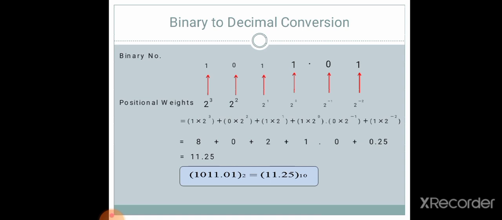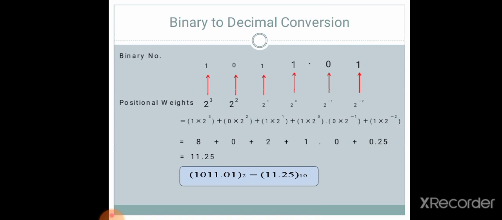So 2 raised to 3 is 8, then 2 raised to 2 multiplied by 0, the answer is 0. Then 1 into 2 raised to 1, that means 2 raised to 1 is equal to 2. Then 2 raised to 0 is equal to 1. 0 into 2 raised to minus 1 is 0.